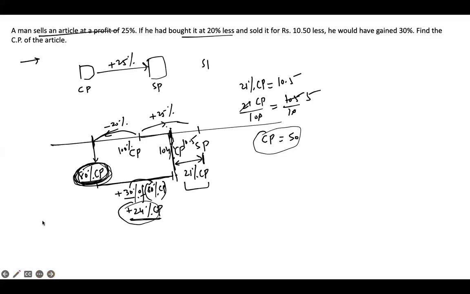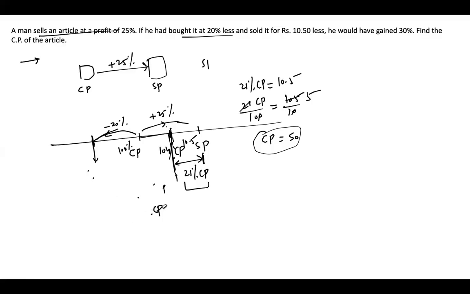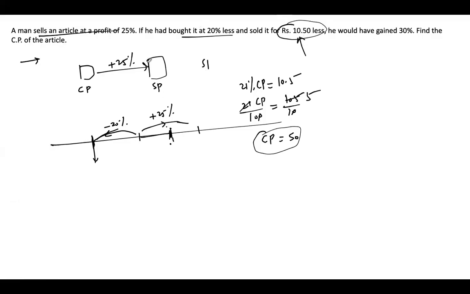Second way would be to assume values. You can assume 4, you can assume any value which is a multiple of 4. Here I'm assuming the value, say, as I can see this is 10.5 less, I will assume a greater value. If it is 25%, right now I'm assuming 100.